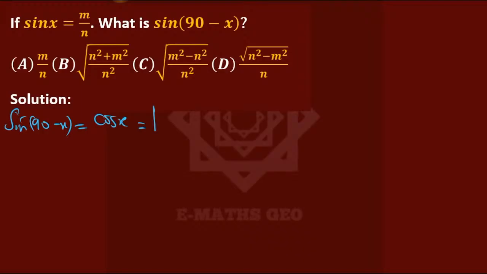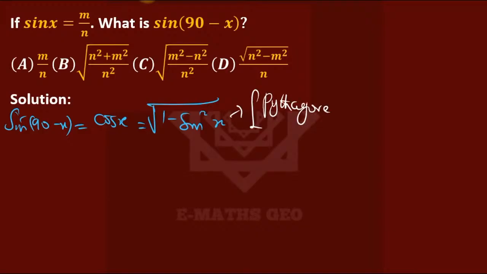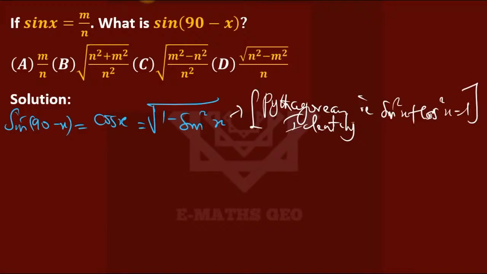So therefore, this is now equal to the square root of 1 minus sine squared x. So this is based on the Pythagorean identity, that is sine squared x plus cos squared x is equal to 1.